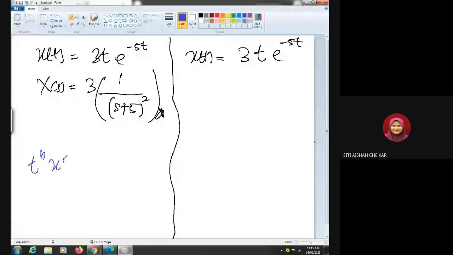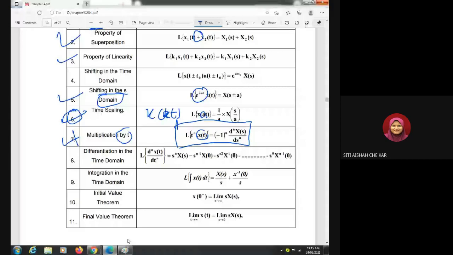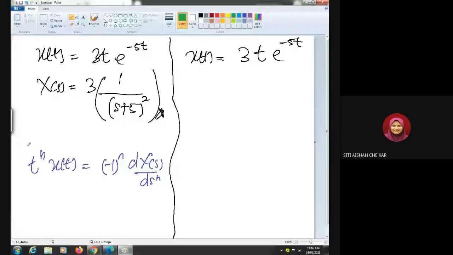So dia punya Laplace akan menjadi negatif 1 power of n d X(s) over ds over of n. Okay. Kalau kita Laplace dia. Okay, so ini dia punya rujukannya lah.